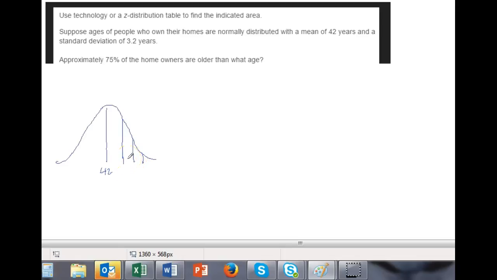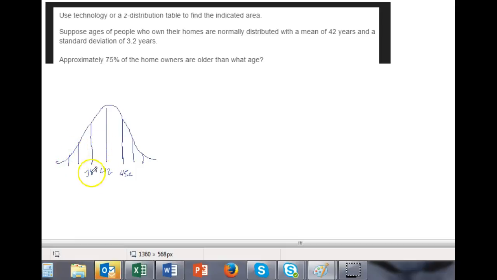We call that distance the standard deviation, and we can calculate the data points at one standard deviation above, that would be 45.2, and 2 standard deviations above, and 3, and so on. And we can do standard deviations below, right? So 42 minus 3.2 would be, I have no clue, 38.8, I think. 38.8. Okay, not using my calculator, you can tell.